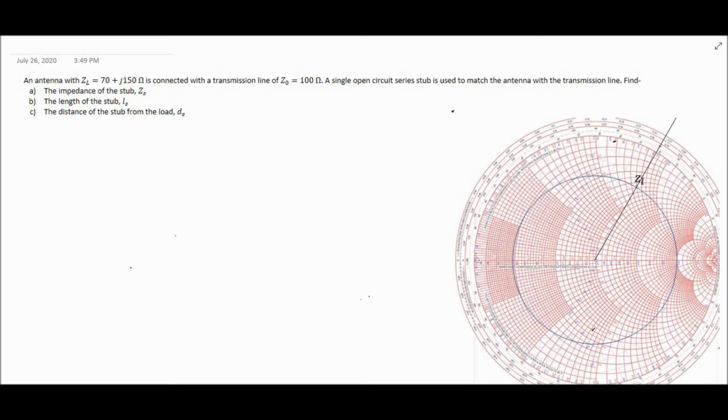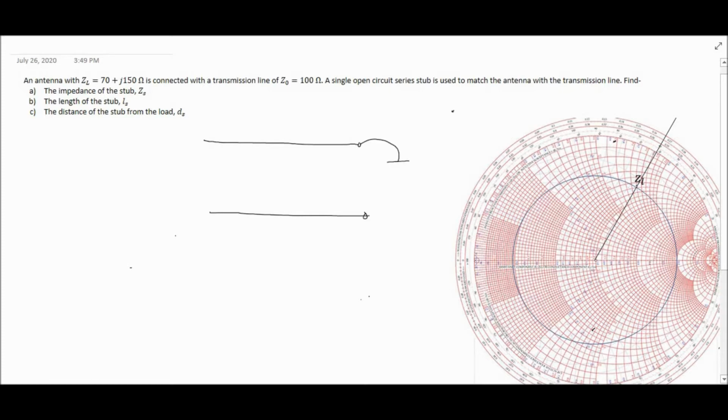So in this case, you have to find the impedance of the stub, the length of the stub, and the distance of the stub from the load. So let me sketch the configuration here. Let's say you have a transmission line. We choose a two-wire transmission line, and one side is connected with the load.